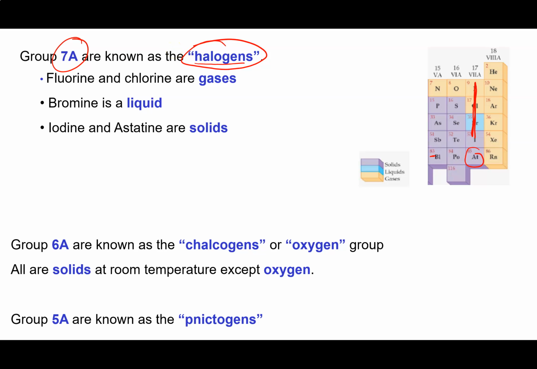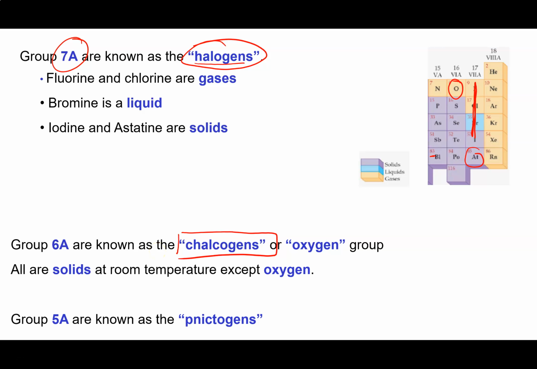So we've got alkali metals in group 1A, alkaline earth metals in group 2A. In group 8A, we've got the noble or inert gases. In group 7A, we've got the halogens. Now I'm going to give the common names for two other groups that you hear of every now and then, but they're not so frequently used. Group 6A, which is the oxygen group, a less common name is the chalcogens.